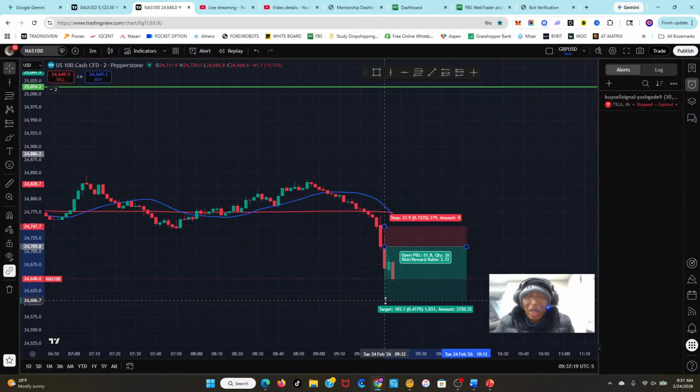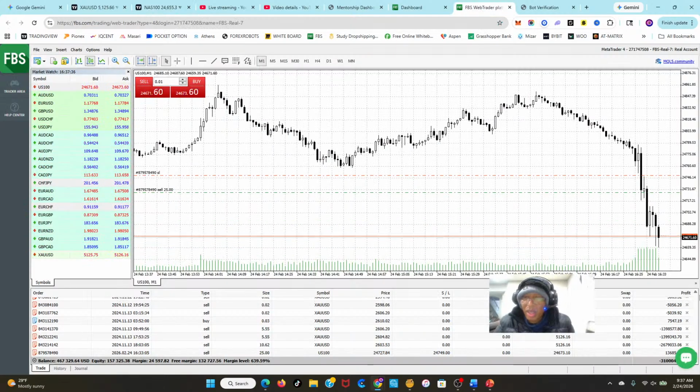Okay. But I still believe we have a lot of energy to go down, and that's what we are looking for. Okay, we want it to go further down because if we look at, let's see, where's the trade itself? You can see here is the trade, this one right here we just took.